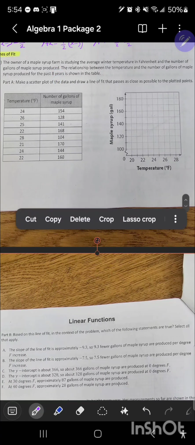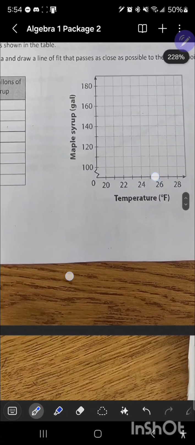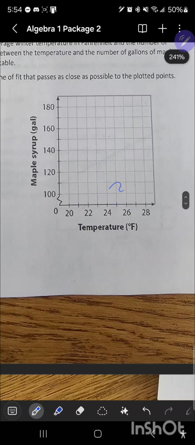Okay, then just plug in the points. I would say 24, 154.